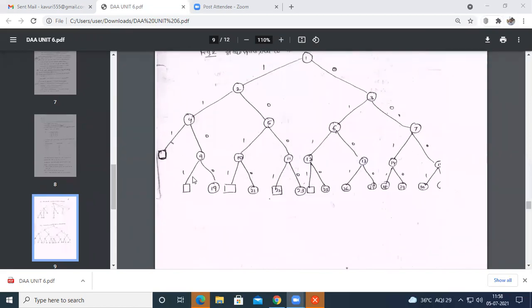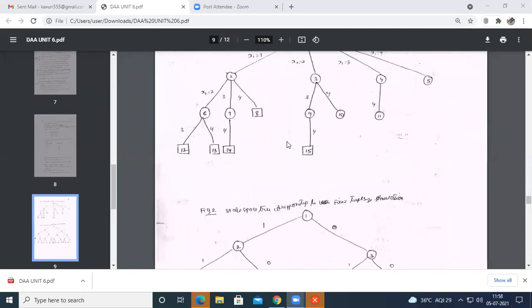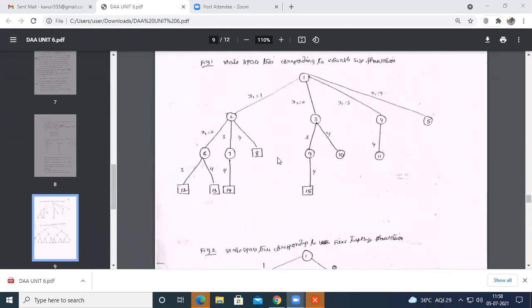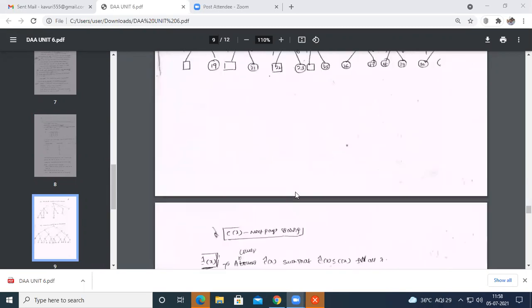So the solution is represented by either a fixed number of tuples or a variable number of tuples: the first diagram represents variable number of tuples, the second diagram represents fixed number of tuples.